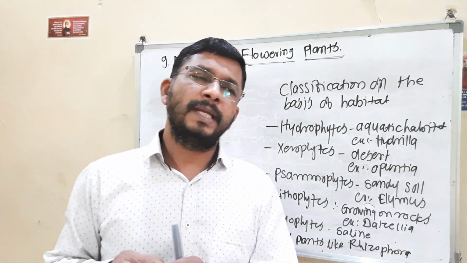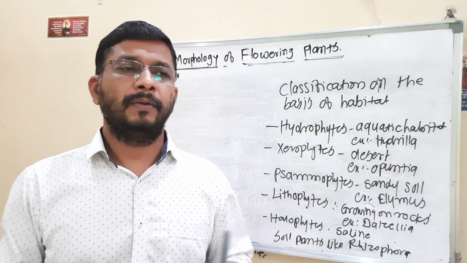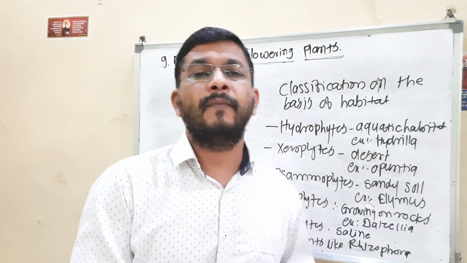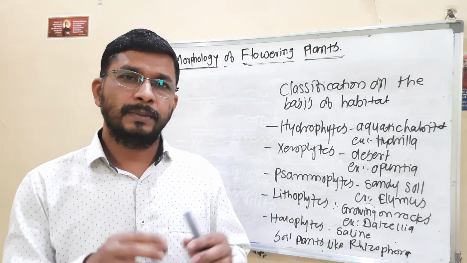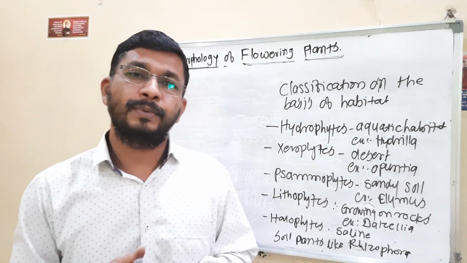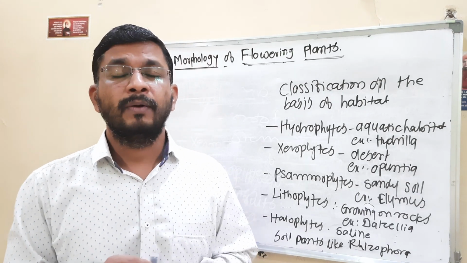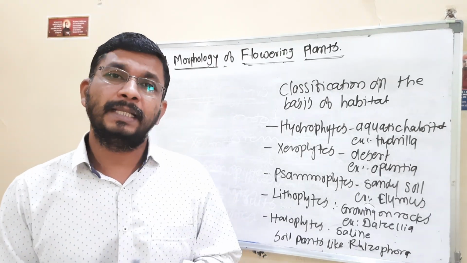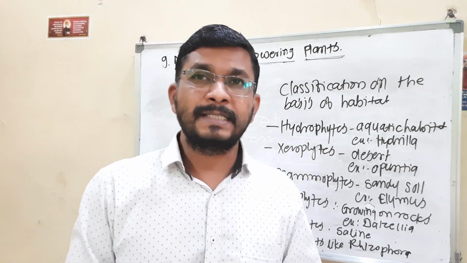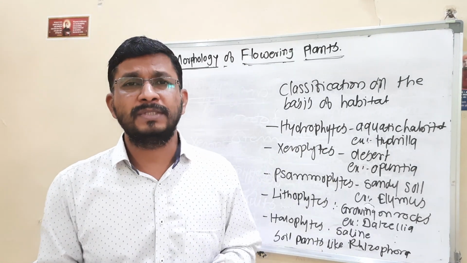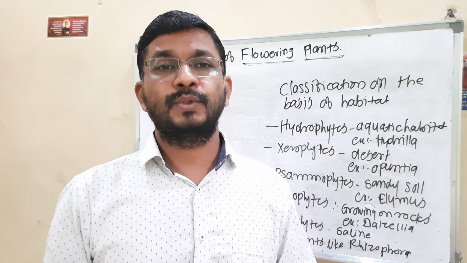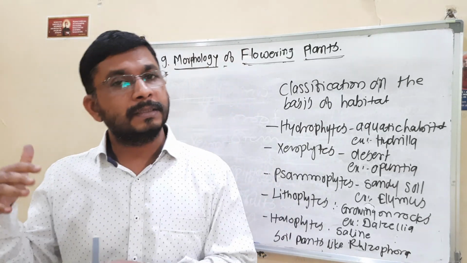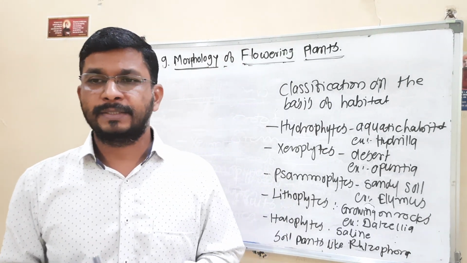For example, if the plants are in aquatic conditions, they produce certain kinds of tissue, in which cells have air spaces, air bags, for buoyancy. These are certain improvements to survive in that kind of habitat.